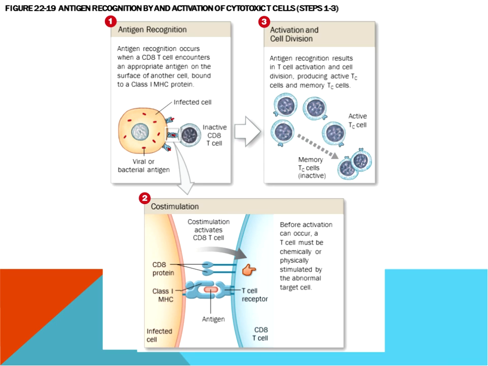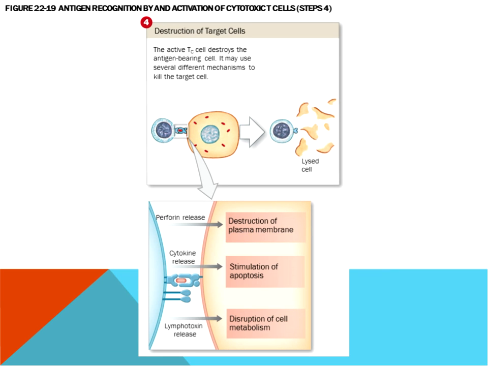Are you chemically and physically able to deal with this antigen? Once that is confirmed, it confirms the first signal, then this T cell will be activated, and after it's activated, then the cell divides and produces more cytotoxic T cells as well as memory cells. We want to save some for the next time you see this infection, and then these memory cells will actively target the infection.